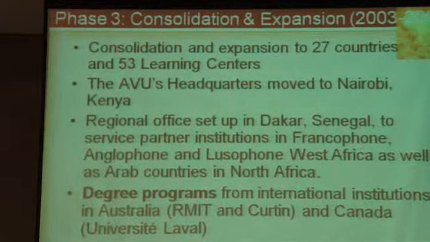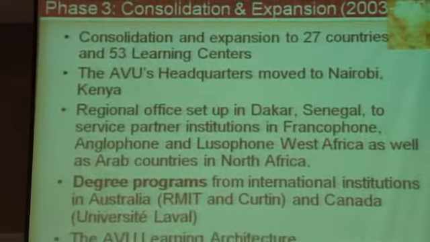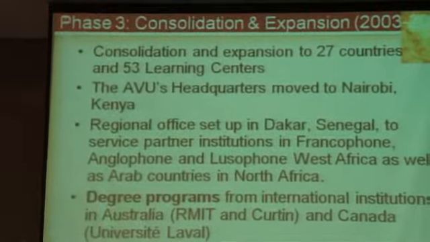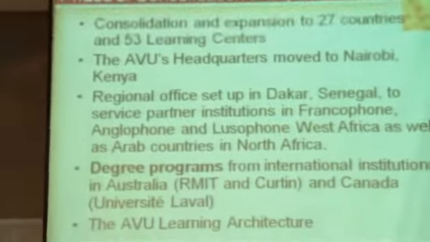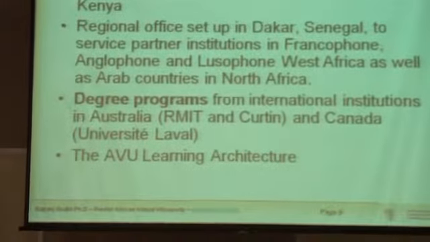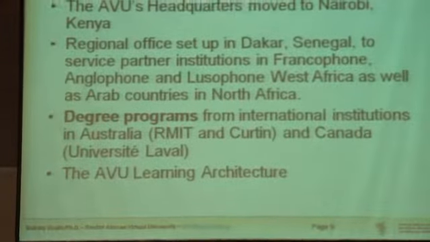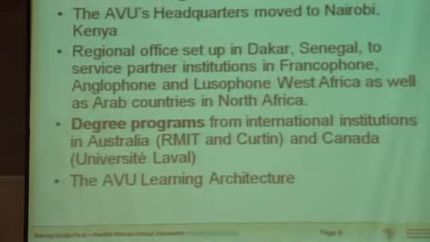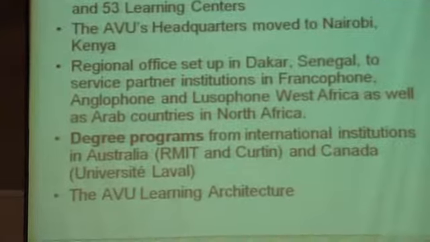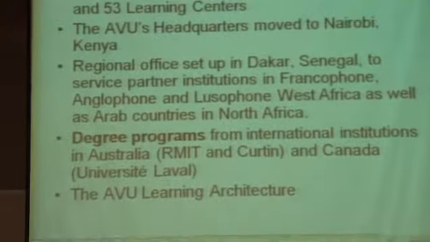During this phase, ABU was moved from Washington, D.C. to Kenya at the headquarters. 27 countries were part of the ABU network, and some 53 learning centers were created.